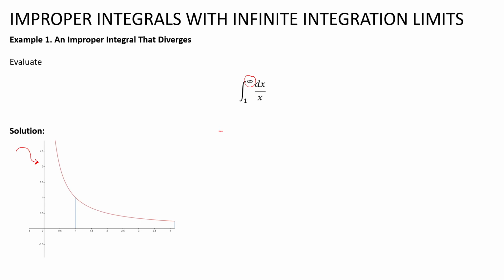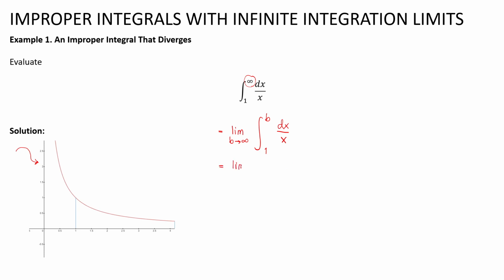So this becomes the limit as b approaches positive infinity of the integral from 1 to b of dx over x, right? Now, since you replaced the upper limit with a variable, you cannot directly use the calculator. You're going to manually integrate this up until the final answer.